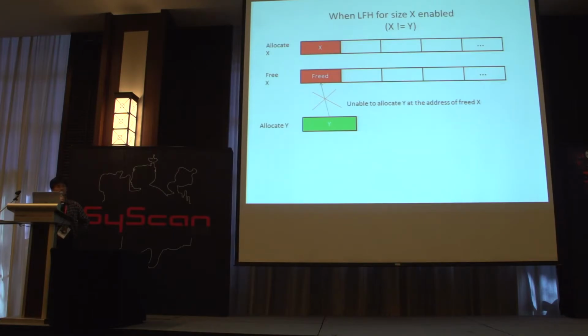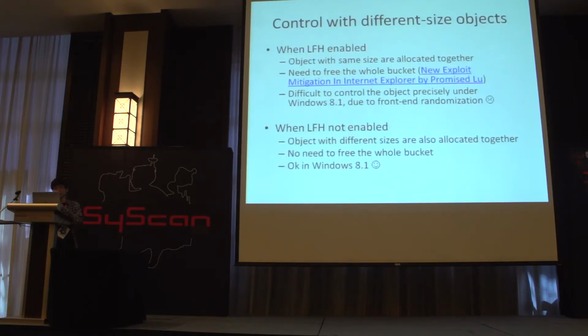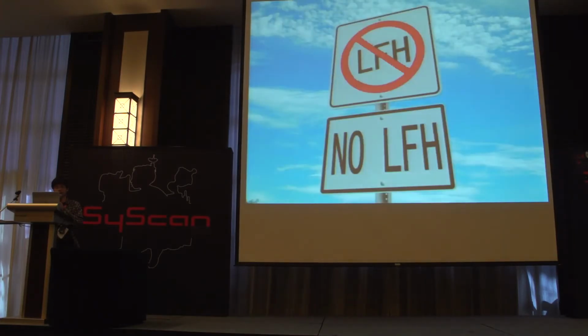And on Windows 8.1, because of the front-end randomization of heap allocation, it's also very difficult to control accurately, even if you free all the buckets here. So if we want to use different size objects to control the content of the freed object on Windows 8.1, what we need here is to avoid the LFH for the UAF object. Yeah, we have to avoid LFH.